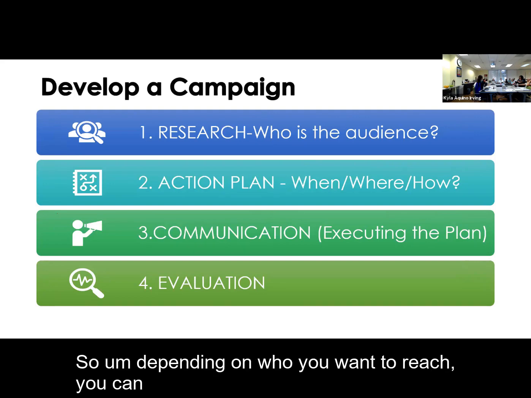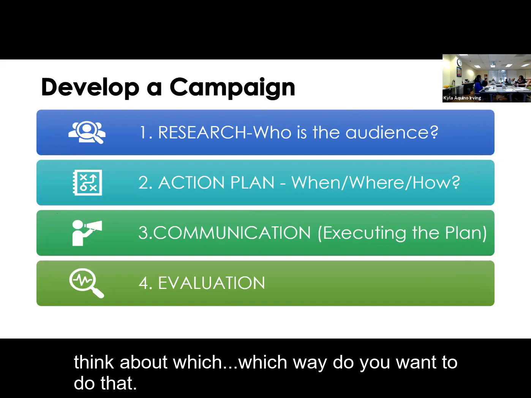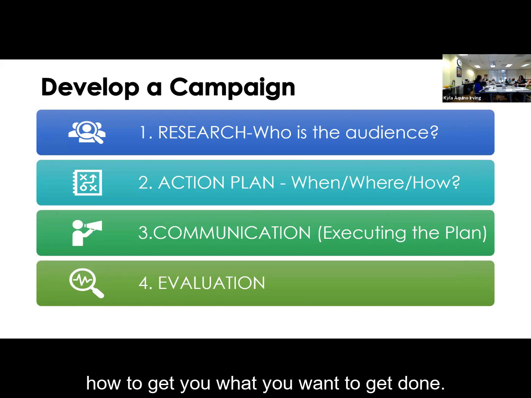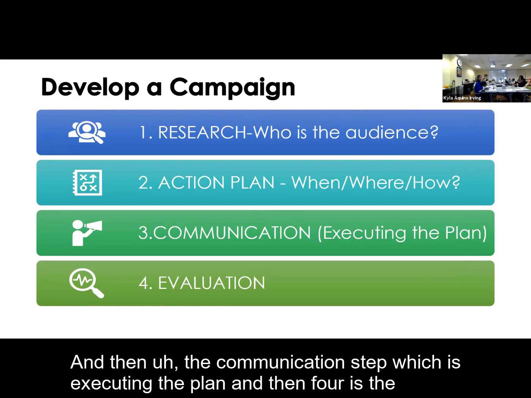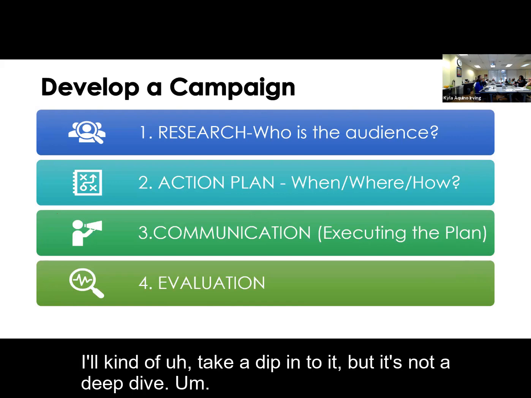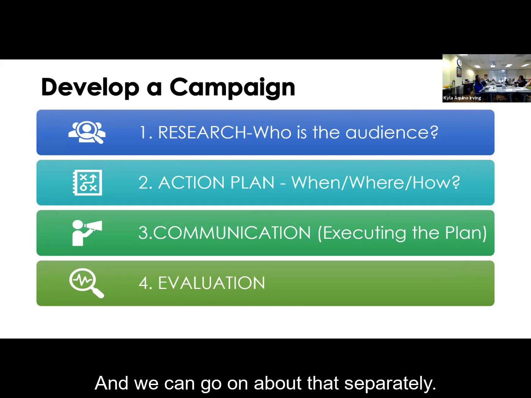Depending on who you want to reach, you can think about which way you want to do that. We'll go through an action plan that helps you look at the whens, the wheres, and the how to get what you want done. Then the communication step, which is executing the plan. And then 4 is the evaluation, which involves some analytics. I'll take a dip into it, but it's not a deep dive, and we can go on about that separately.